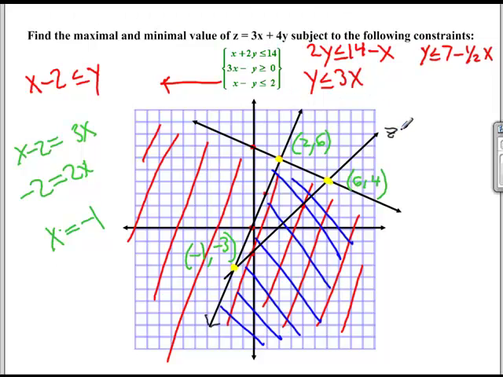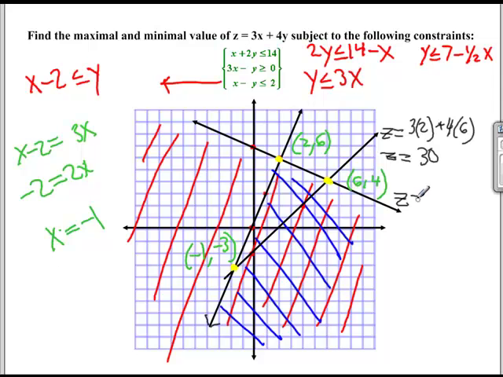z equals 3 times 2, I'm going to do that point first, plus 4 times 6. z is equal to 6 plus 24, which is 30.